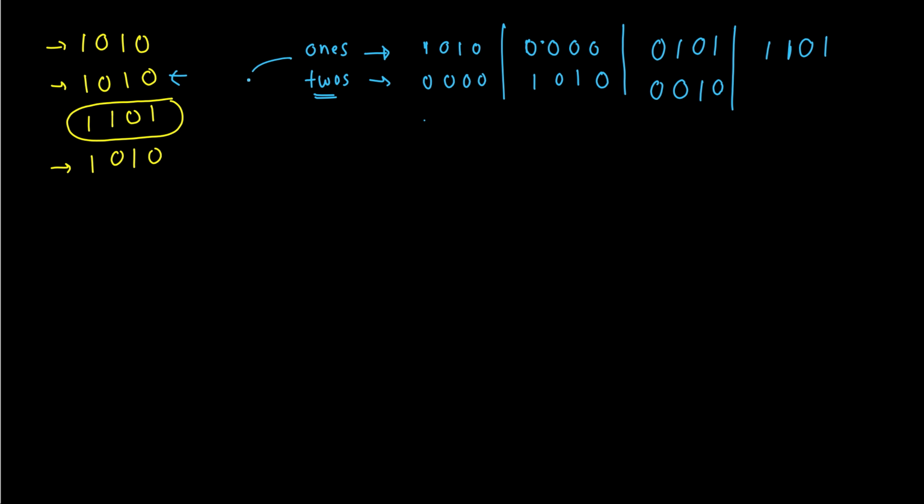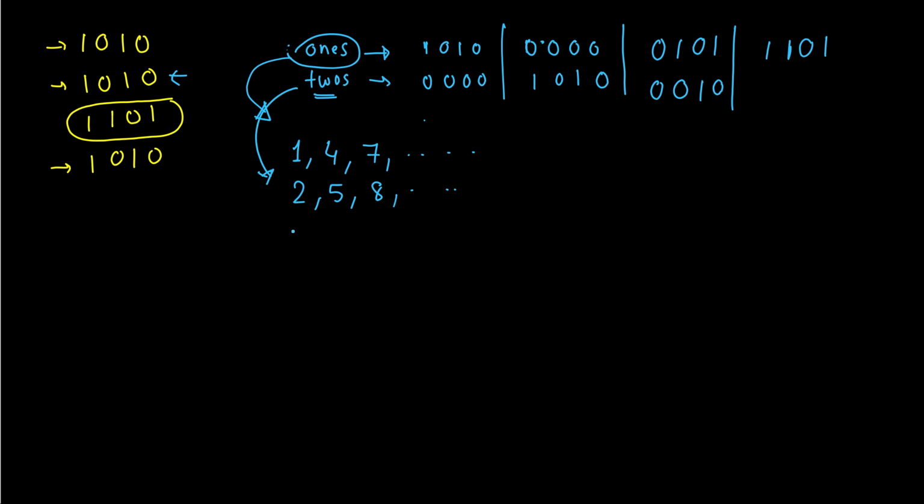So this ones will hold the bits of this number; it will be true for the bits which have occurred once, 4 times, 7 times, and so on. And this twos should be set when it's 2 times, 5 times, 8 times, and so on.